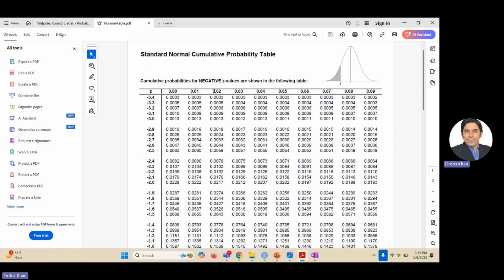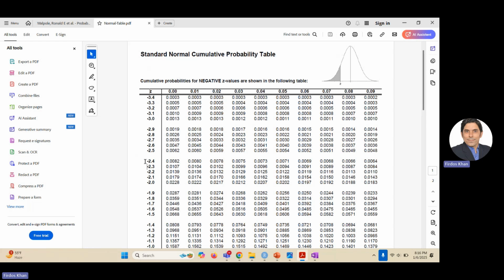The second value is always zero on this side, because that can be replaced by this, like this can be minus 3.40 and this can be minus 3.41, and the last value can be minus 3.49.